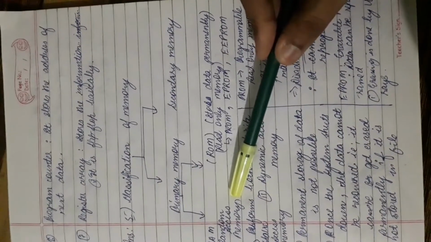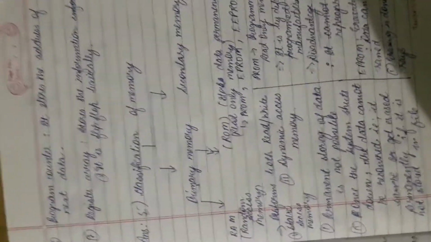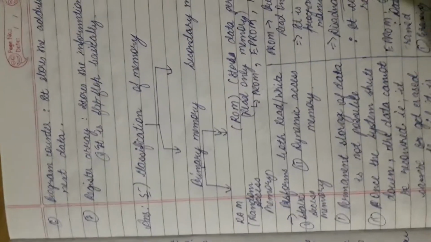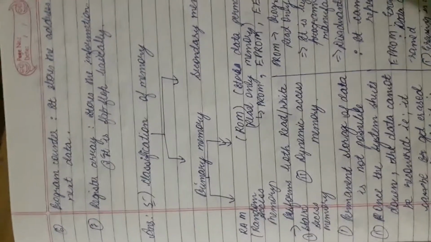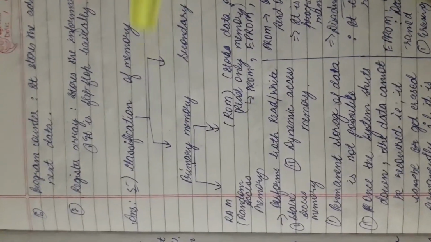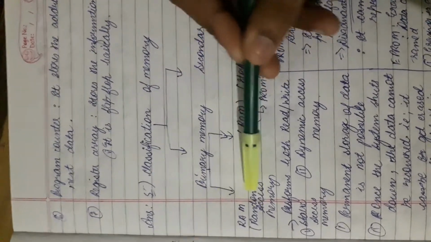For example, when you are working on a computer system, typing something in Word or Microsoft PowerPoint, as soon as the power is gone, the data will vanish. You will not get the record of that data if you stored it inside RAM.